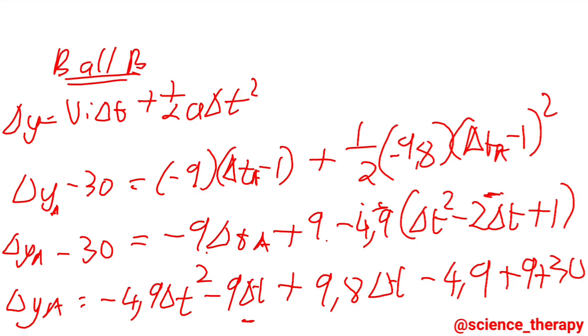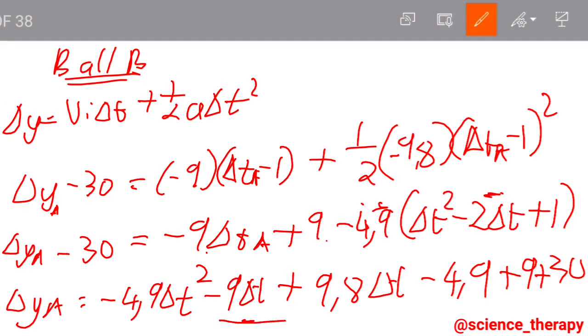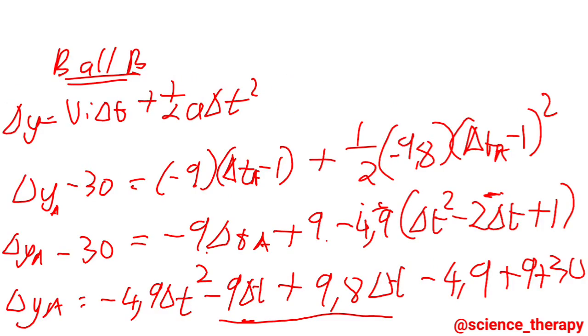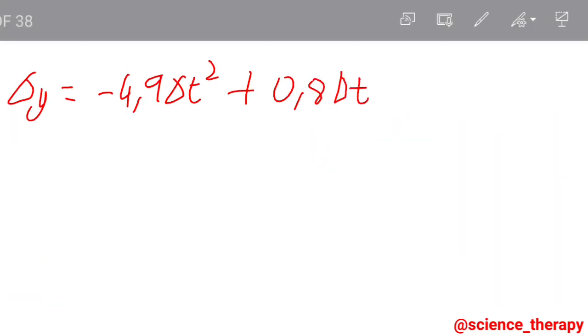Now do all that. If you punch that in your calculator, it now becomes delta Y is equal to negative 4.9 delta T squared. Then if you say the like terms here, negative 9 delta T plus 9.8 delta T, that gives you plus 0.8 delta T. Again, if you say negative 4.9 plus 9 plus 30, the solution that you now have is 34.1, right?